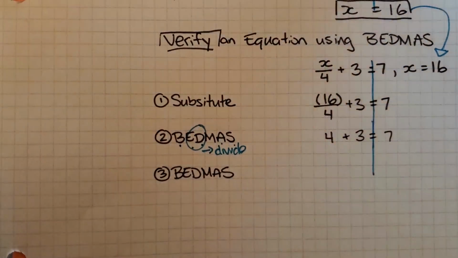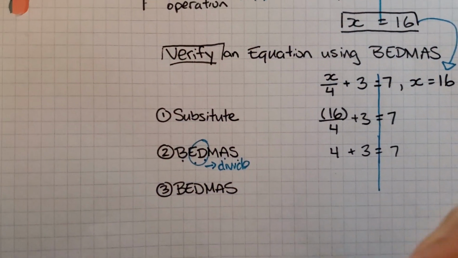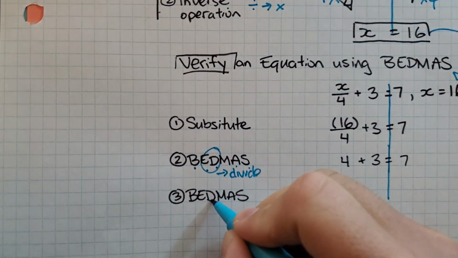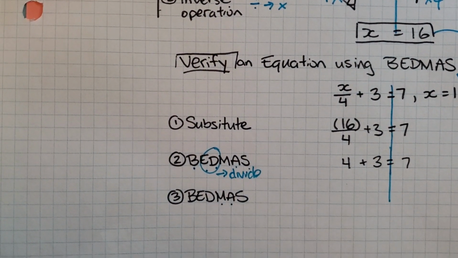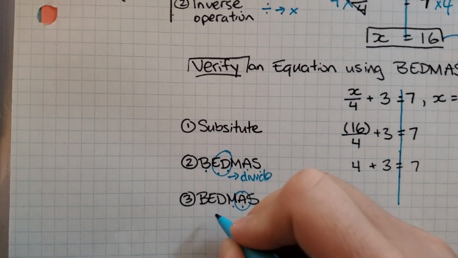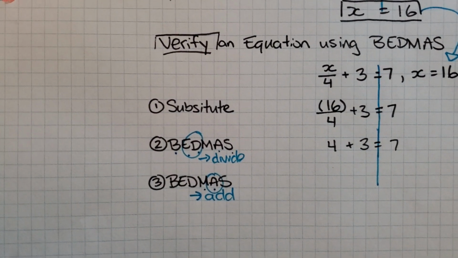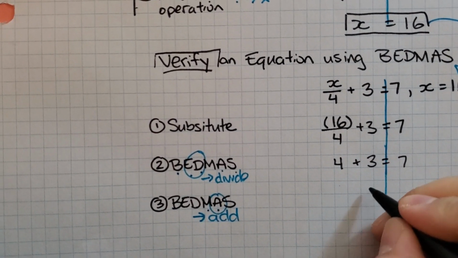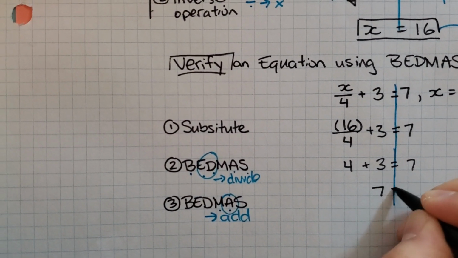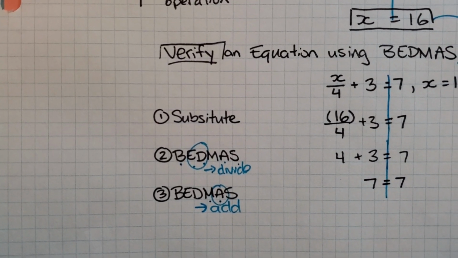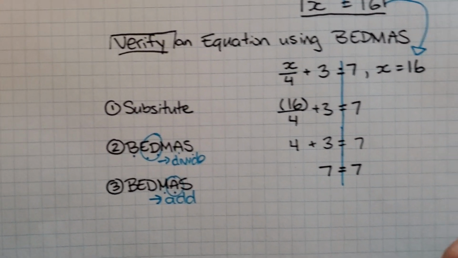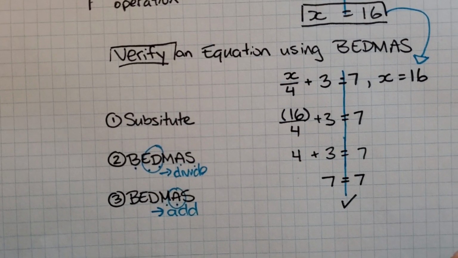The next one is, okay, we did divide. There's no multiply. Addition, yep. Addition would be next. And it's our only operation left anyways. So 4 plus 3, that's 7, equals 7. Same on the left as the right, yep. So 16 is our answer.